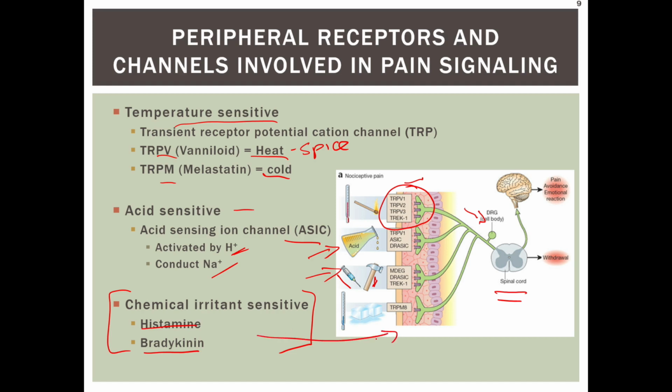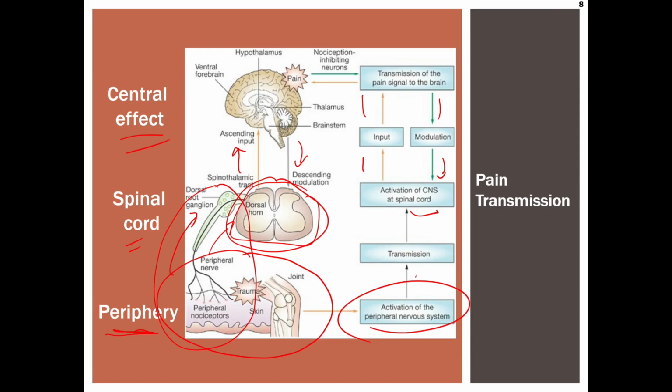And so when we look out here at these periphery and peripheral receptors, when there is trauma, the receptors can be activated, but there's also a release of a whole host of inflammatory mediators, such as prostaglandins, bradykinin.